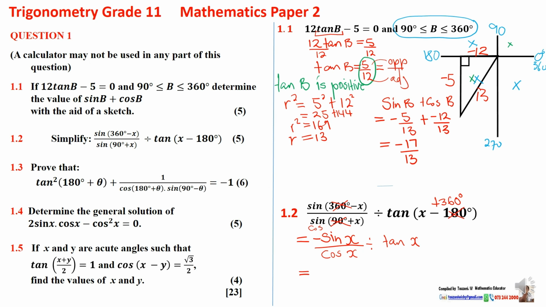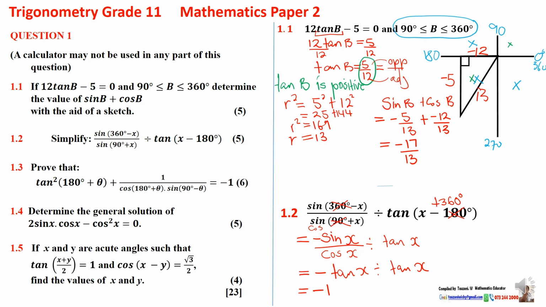So in this fraction right now, I can see that the left part can be changed to tan. So that would be a negative of tan x, then divided by tan x. Tan x divided by tan x, the answer is equal to 1. So this is equal to negative 1. That is my question answered.